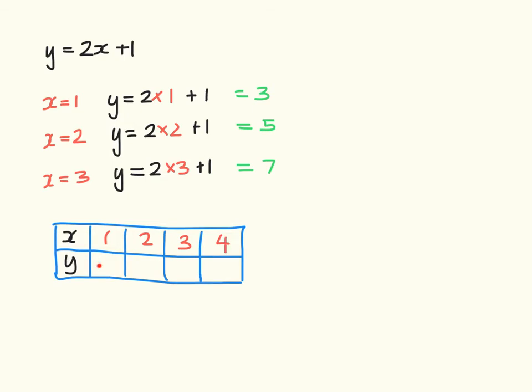And then along the bottom row, I'm going to write the values that I worked out. So when x equals 1, I got 3. When x equals 2, I got 5. When x equals 3, I got 7. When x equals 4, well, I can do that one in my head. I can do y equals 2 lots of 4, which is 8, plus 1, which is 9.